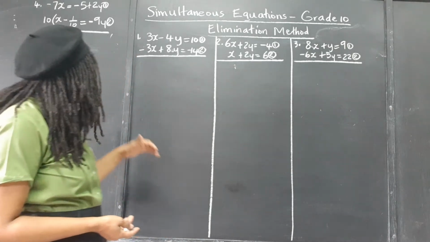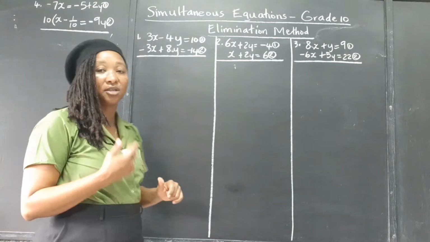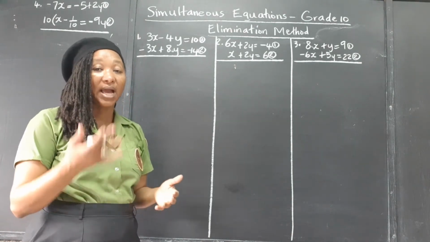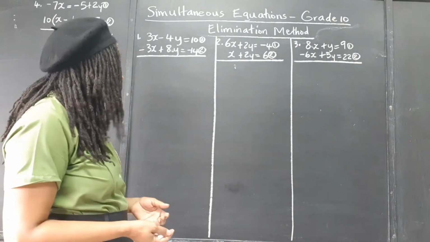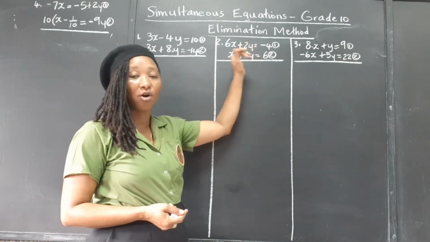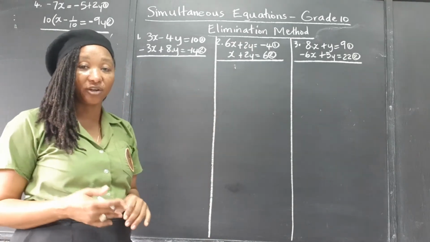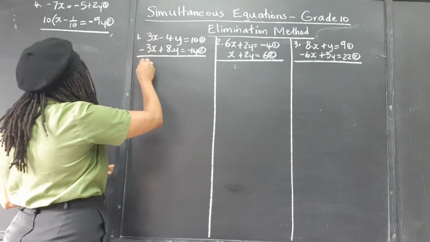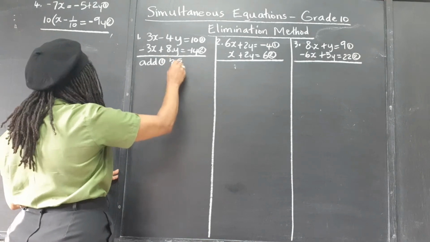If the coefficients have different signs, if one is positive and one is negative, we add them to get 0 using the additive inverse property. If they are the same, both positive or both negative, we would subtract the equations in order to eliminate that variable. So here we have 3 and negative 3, so we're going to add equation 1 and equation 2.